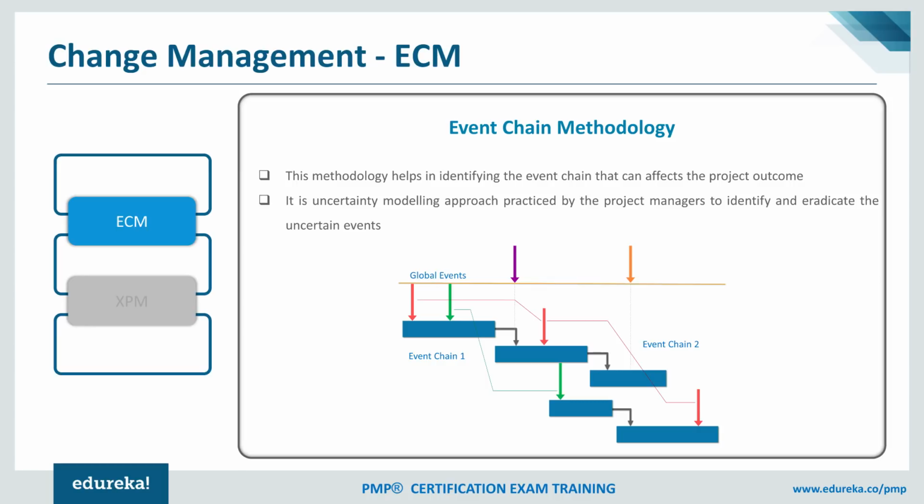So Monte Carlo analysis actually does the quantitative analysis based on some of these uncertain events that we might face on the project, and that actually helps us in dealing with such events effectively. So we create this chain of events and we put it sequentially. We understand its impact. We simulate these events in order to understand their impact effectively.